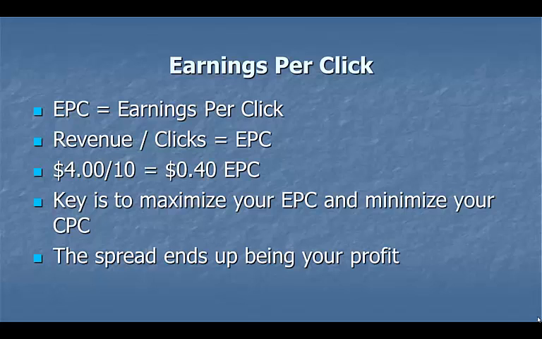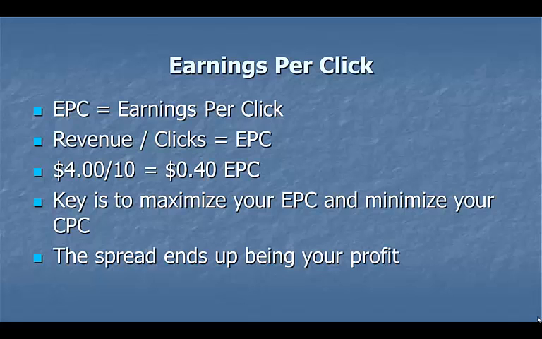This would tell you right out of the gate that for MSN Ad Center traffic, if you wanted to generate a 100% ROI, or basically double your money, you would need to bid a maximum of around 20 cents cost per click if your average EPC is 40 cents for all of the keywords. That would ensure that you are at least doubling your money on this particular traffic source.